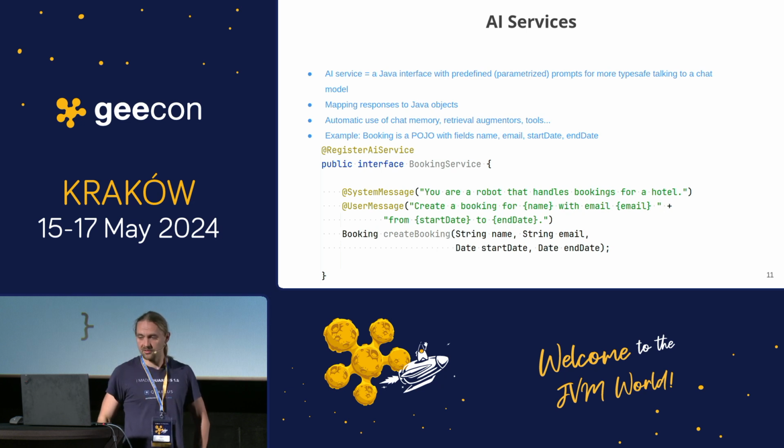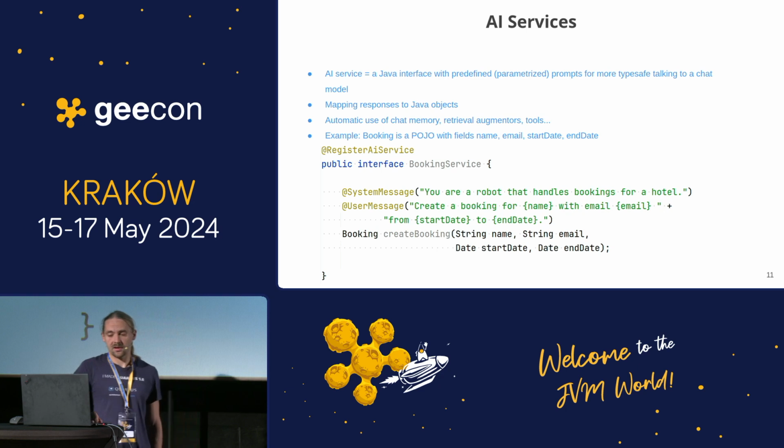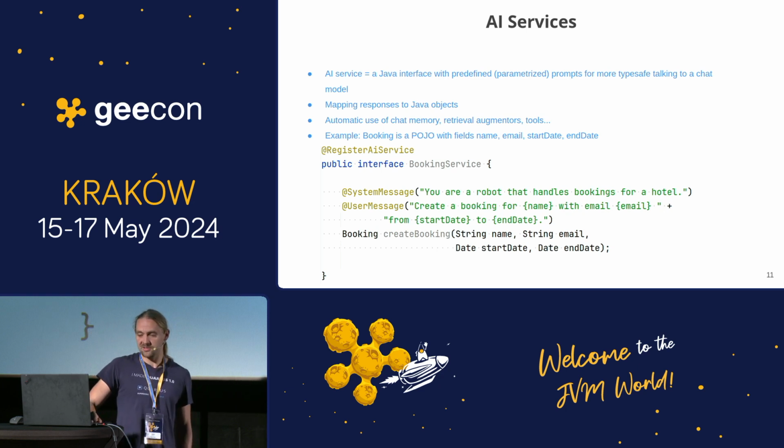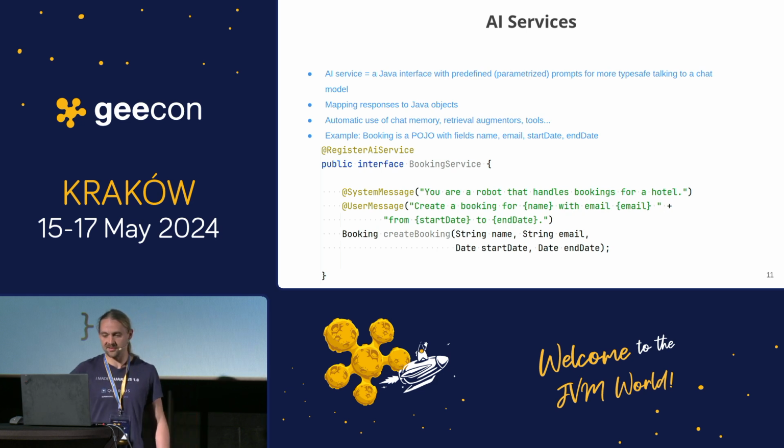And that booking object is just a POJO class with just some fields like name, email, start date, and end date. And you specify the user message that gets sent to the LLM when this create booking is executed, and it says create a booking for name with that email from start date to end date.